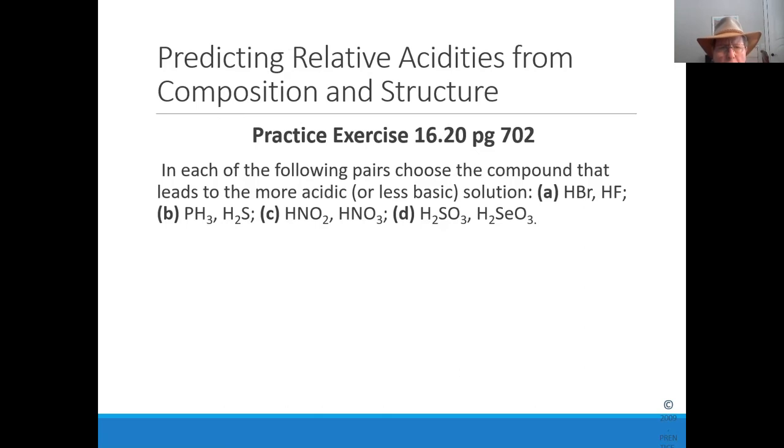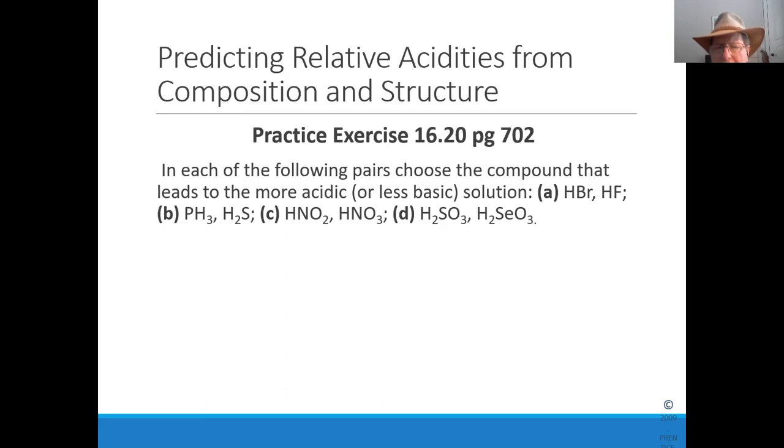Tricky question, Jordan. This compound has an H linked to an O, linked to an S with 2 oxygens around it. This one has an H linked to an O, linked to an Se with 2 oxygens around it.